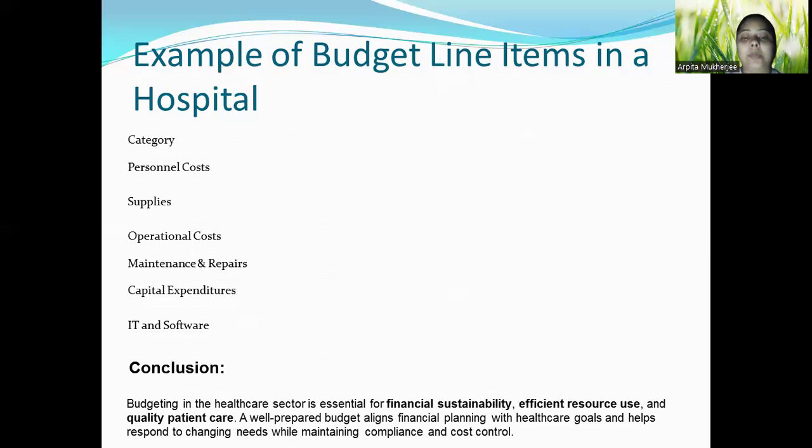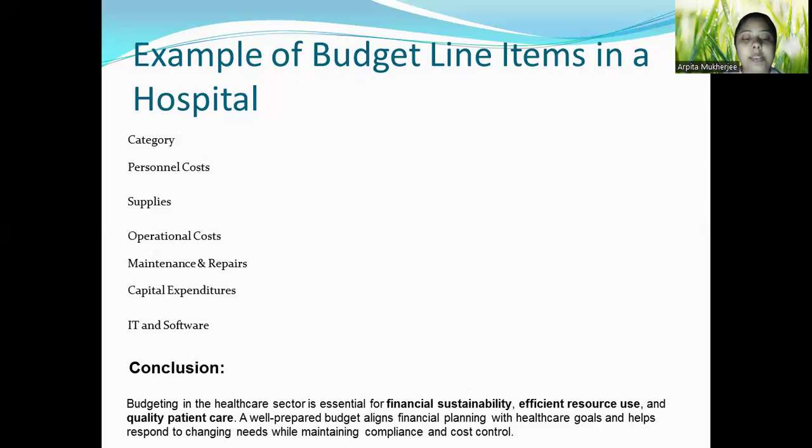Here, the doctors', nurses', and admins' salaries are to be taken into account, overtime, benefits, etc. For the supplies, we have to look after the medical equipment, drugs, PPE, office supplies, etc. Operational cost mainly involves the utilities, waste disposal, laundry, food services, etc. Maintenance and repair includes the facility upkeep, equipment servicing, etc. Capital expenditures include new buildings, MRI machines, ambulance purchase, etc. IT and software, where the health record system, cyber security, and licensing fees should be included.